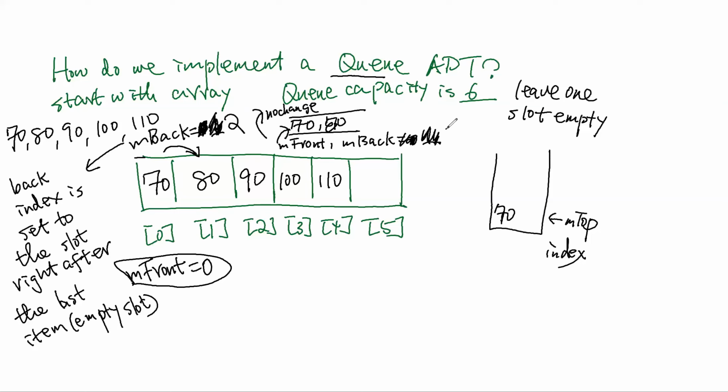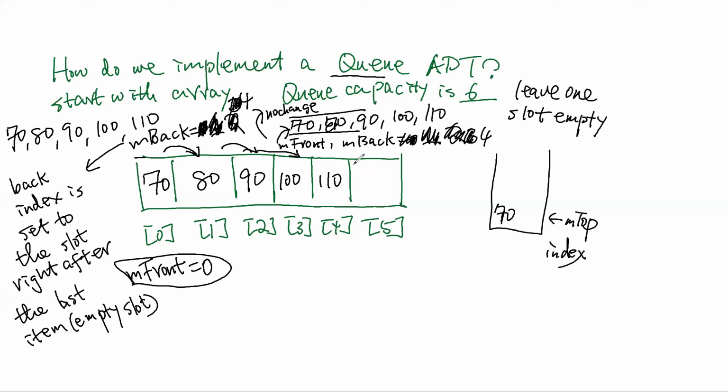Then I add 90, so 90 is added to the next one, and your back index should be updated to 3, pointing to the next one. And then you add 100, so the back index should be updated to the next empty one.